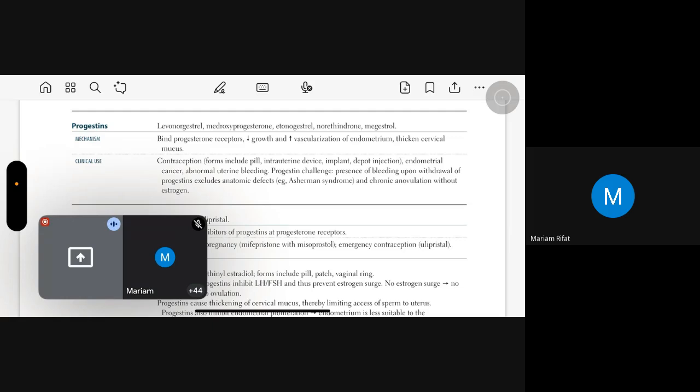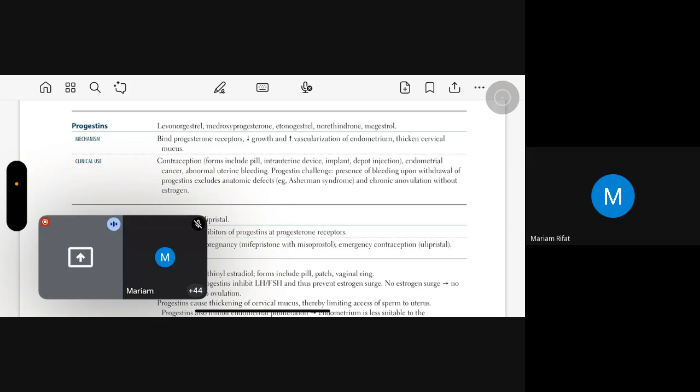Remember, guys, the two main causes of amenorrhea: number one is some kind of ovulatory defect, and the second is some kind of anatomic defect. So to differentiate between the different kinds of amenorrhea, whether it is due to anovulation or anatomic defects, we use this test. Why do we use this test?